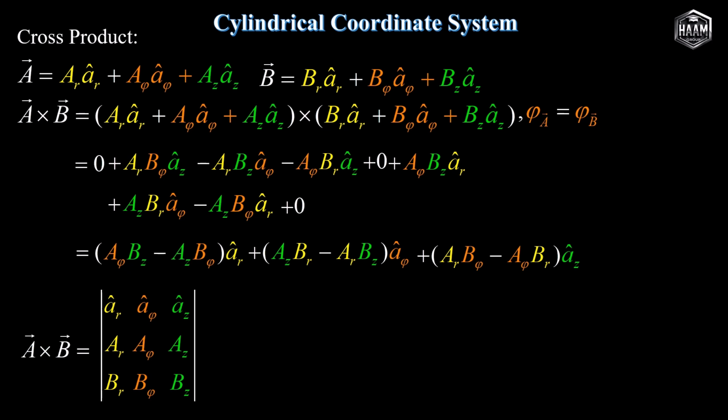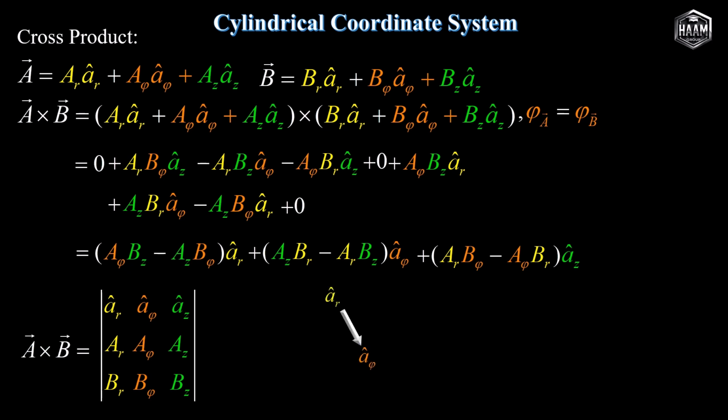The third row consists of the scalar components of vector B, B sub r, B sub phi, B sub z. Evaluating this determinant directly yields the exact combined expression derived above.